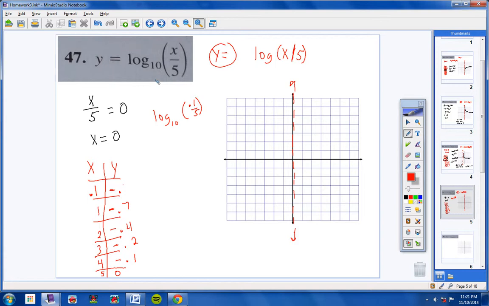You should get negative 1.7. So 0.1 is negative 1.7. 1 is negative 0.7. 2 is negative 0.4. 3 is negative 0.2. And 5 is 0 right there. So there we go.